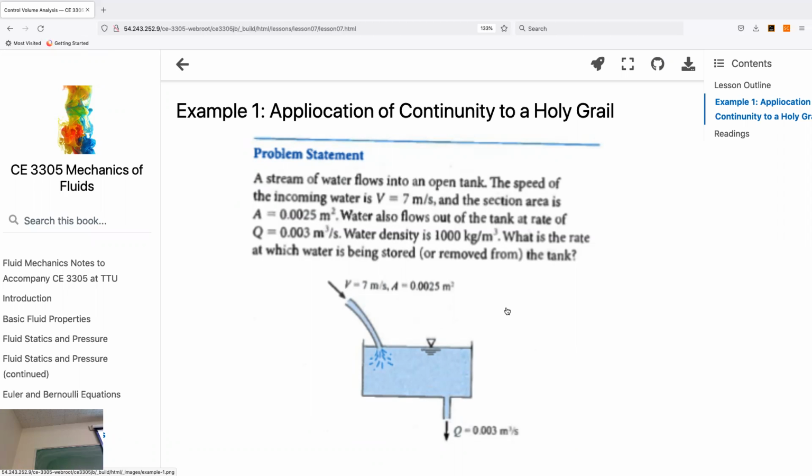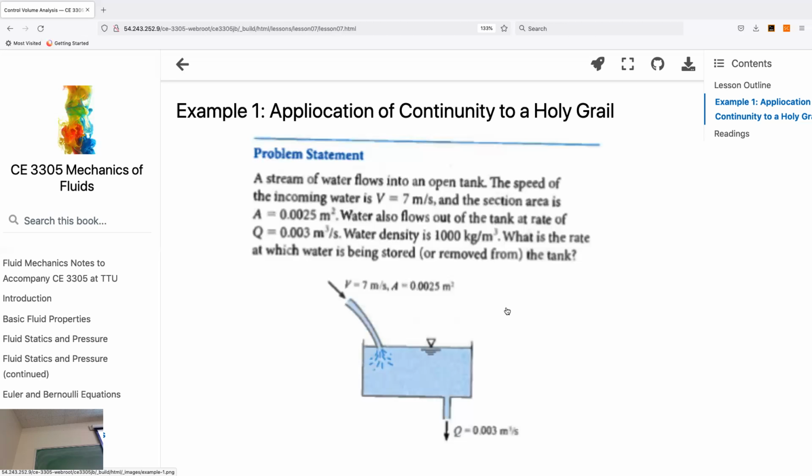So here's our problem statement. We have a stream of water flowing into an open tank. Speed of the incoming water is 7 meters per second. And the cross-sectional area of this square point is 0.0025 meters squared. The water is also going out of the tank through the hole at a discharge rate of 0.0033 meters cubed per second.